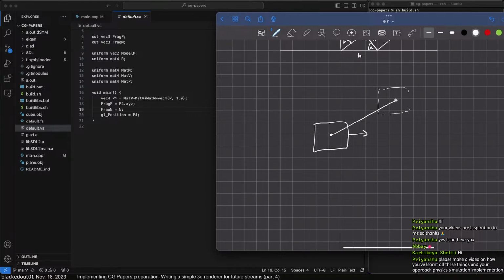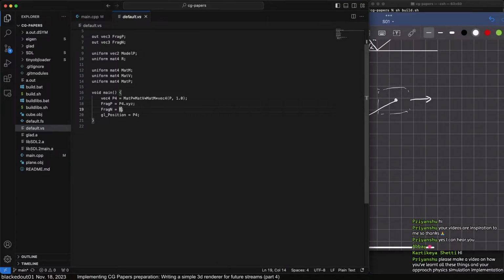So we don't want to move the normal vector so that it points in this direction. We just want to ignore the translation for the normal vectors. So this is why when transforming normal vectors, we usually ignore the translational part.